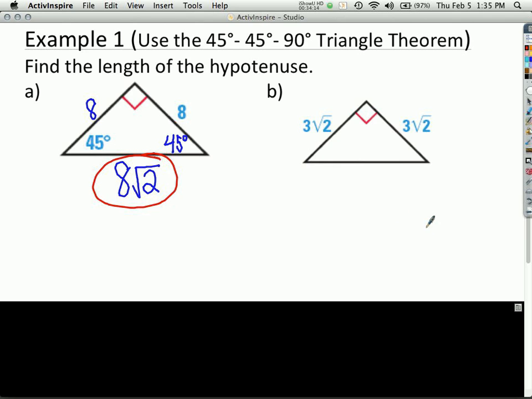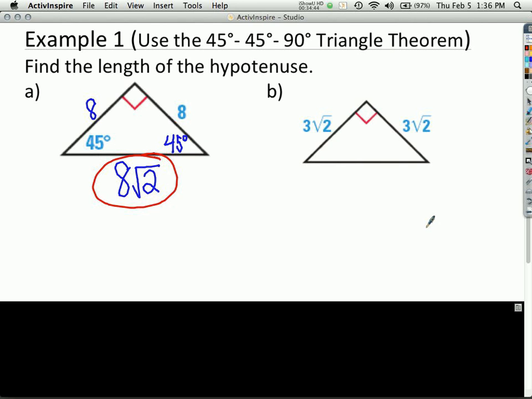Go ahead and do a quick sketch. So we want to be able to use this new tool that we have, the 45, 45, 90-degree triangle theorem.